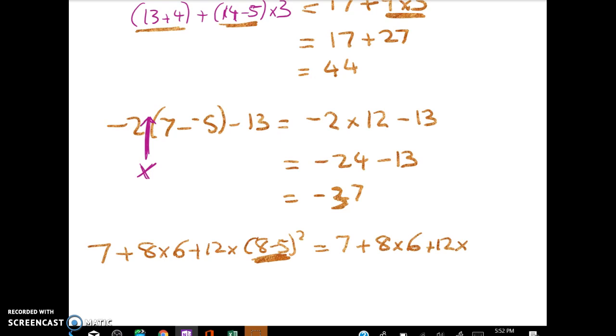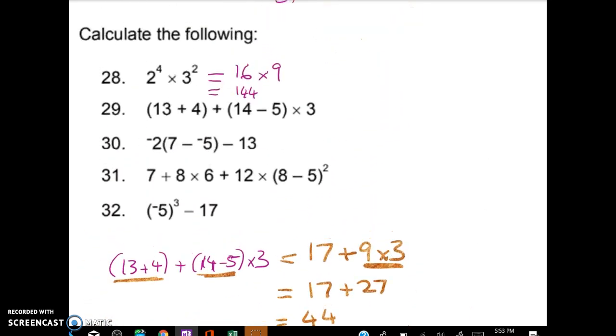With BEDMAS I do brackets first, so 8 take away 5 is 3, and then 3 squared is 9. Now I go back and I look at the multiplications I've got in here. I've got a multiplication here and a multiplication here. So I've got 7 plus 48 plus 108, which gives me 163.